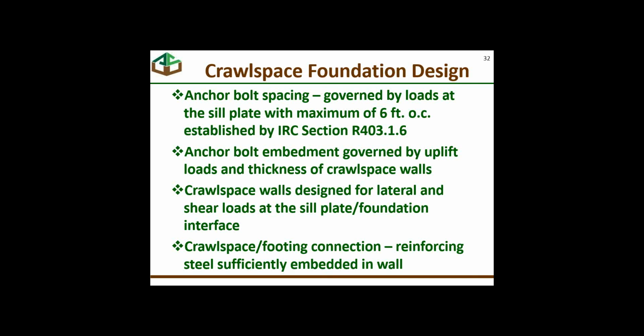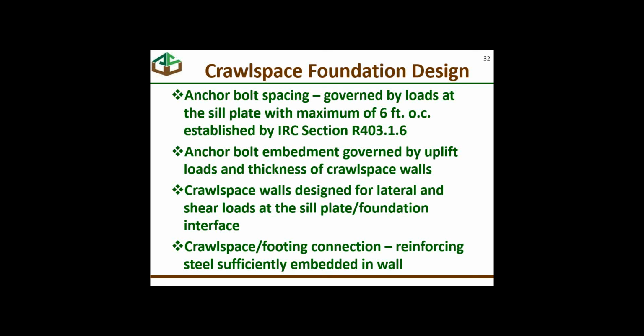Our embedment depth for the anchor bolt ought to be governed by uplift loads and thickness of the crawl space walls, meaning that if we had a 5/8 inch diameter bolt and our loads were really high and we tried to use a 6-inch masonry wall or something, we almost don't have enough space to get that bolt in a 6-inch wall and have enough cover for the bolt to actually be able to be used for much embedment. So you just have to, I'm sure everybody on the call is used to trying to marry up all of those requirements and get a wall design that will work.